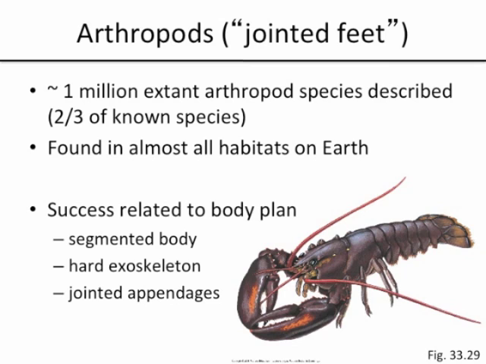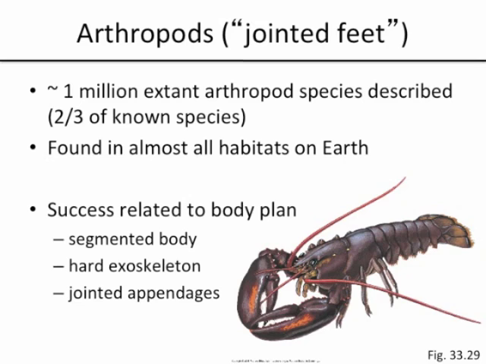This is not counting extinct species of arthropods, and guaranteed there are many, many more that we don't know about. So in terms of all the known species on Earth, arthropods are about 2/3 of the known species. So they're pretty successful, pretty important species.